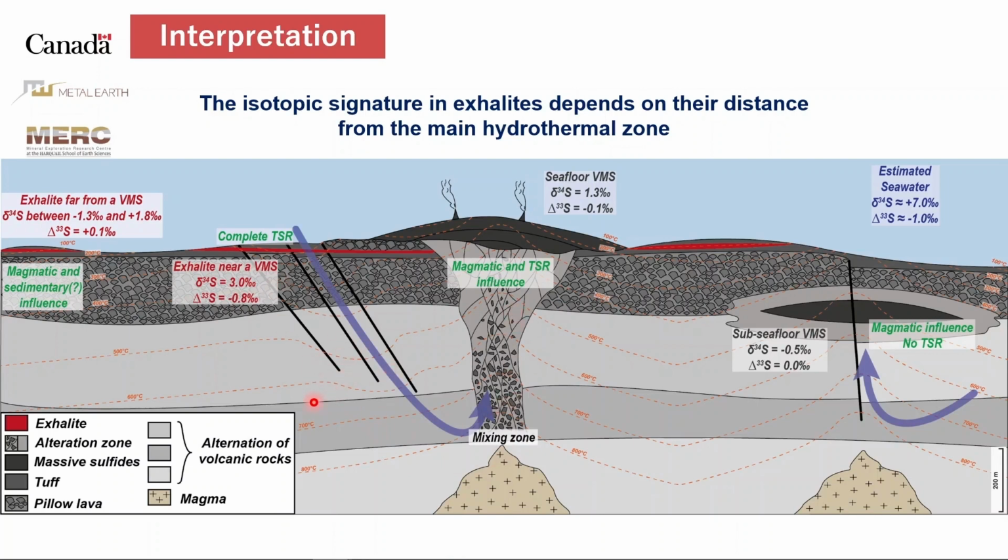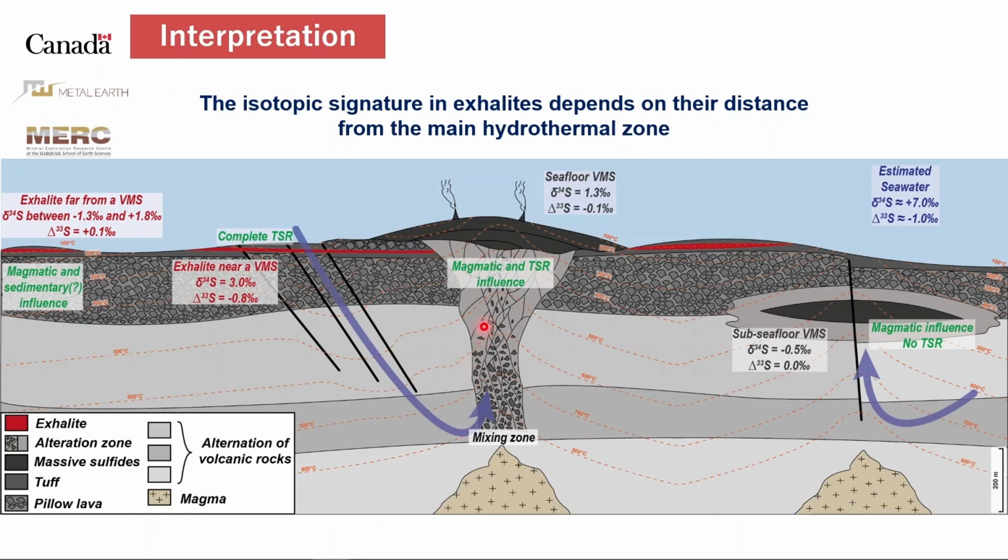For the exhalites, I still have to work a bit on it, but I'm pretty sure there is less influence of magmatic sulfides, because you are related to the hydrothermal zone but a bit far from it compared to the VMS itself. It's just an idea, so if you have other ideas, it would be interesting to discuss.